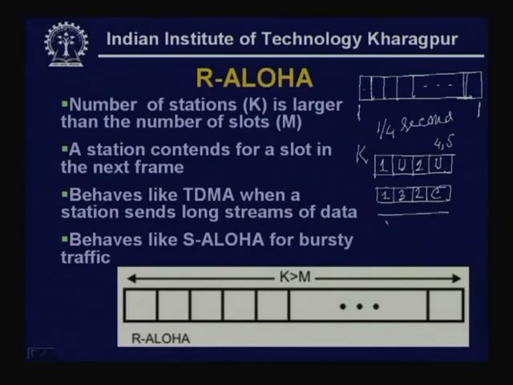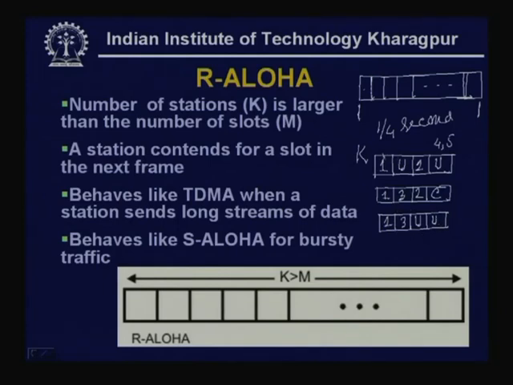Now, the third frame can happen in this way: 1 will send transmission here and 3 may continue, and suppose 2 has finished transmission, so it will remain unutilized, and this slot again will remain unutilized because of collision. So, we find that there can be three situations.